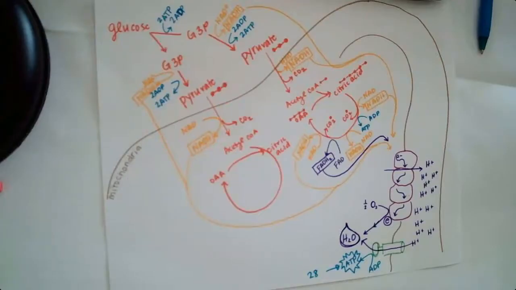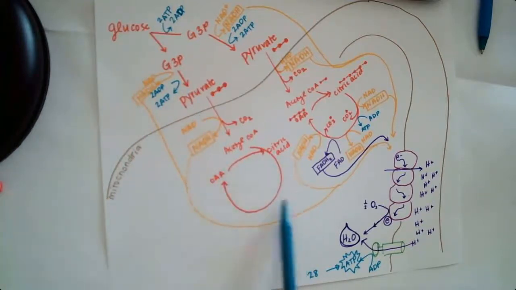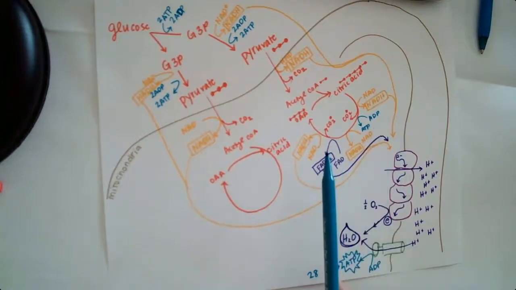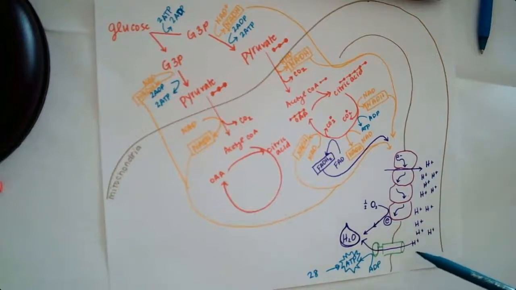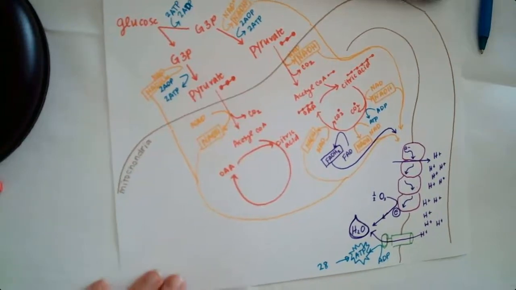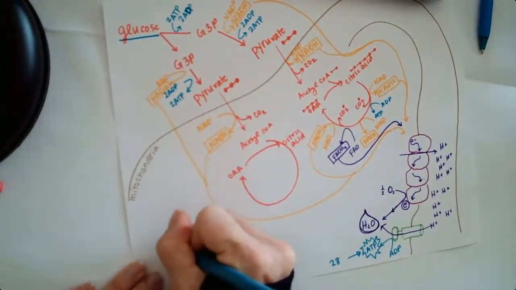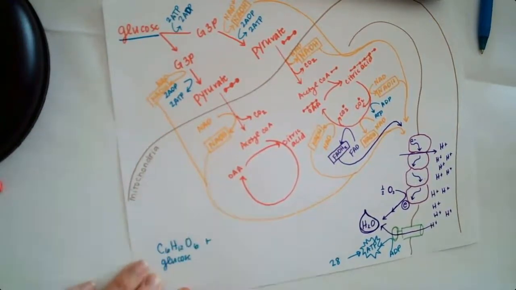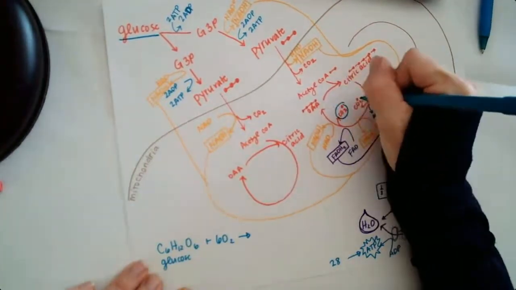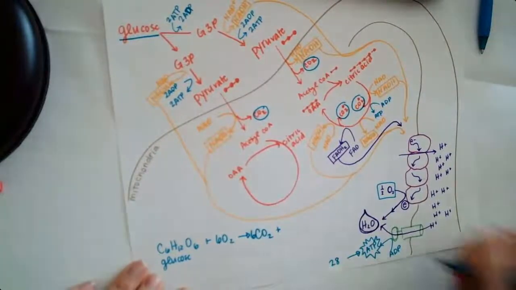So as we look through our whole reaction here, from glucose to pyruvate to acetyl coenzyme A, 2 turns of the citric acid or Krebs cycle, all of those NADHs and FADs going to the electron transport chain, and finally turning through the ATP synthase to make ATP, we get a total here of glucose, C6H12O6, which makes carbon dioxide and water.